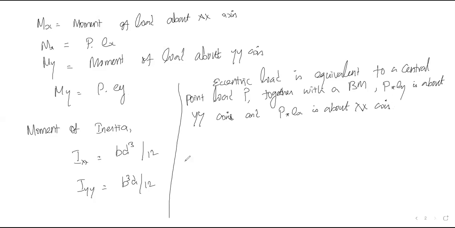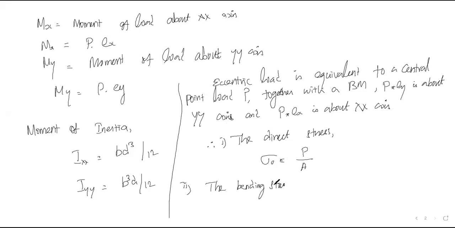Okay, now therefore the direct stress sigma naught is equal to P by A, that is load by area. Second, the bending stress due to eccentricity Ey in the YY axis.